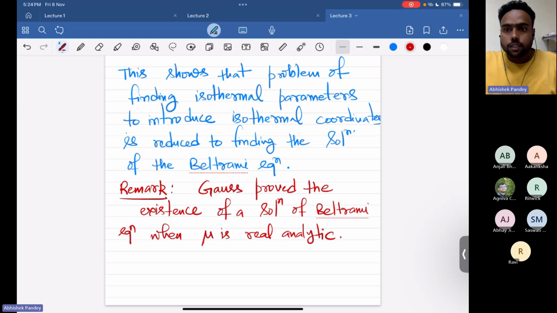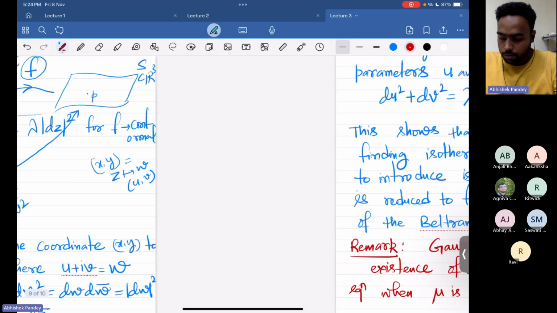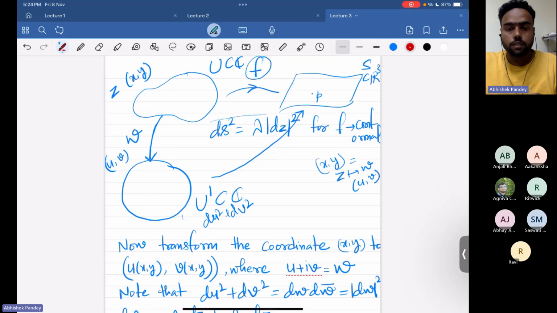So you might be wondering that whatever surface I took, mu is going to be smooth, isn't it? At least continuously differentiable, or a smooth surface.